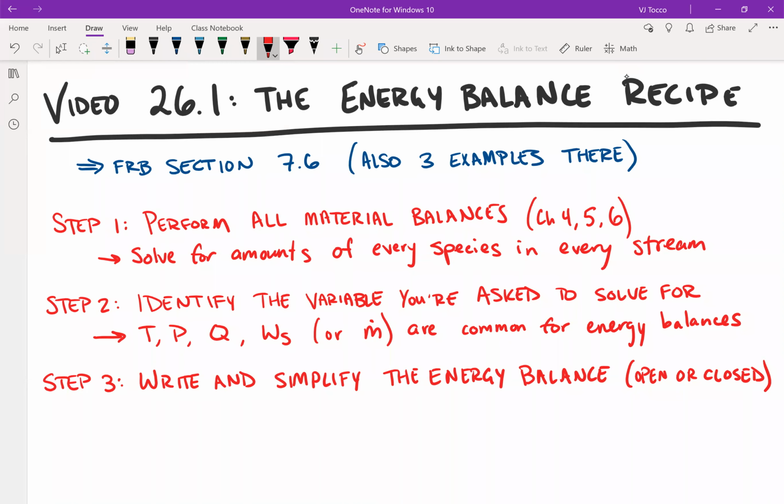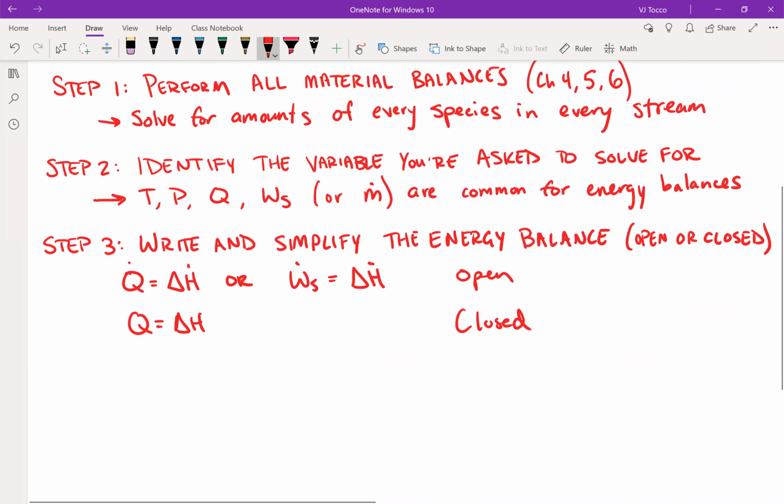And the simplified version of the energy balance will oftentimes simplify to Q dot is equal to delta H dot, or shaft work is equal to delta H dot for open systems, and the analogous forms for the closed systems. So Q is equal to delta H without a dot for closed. And like I said, these are common ways that the energy balance is simplified.